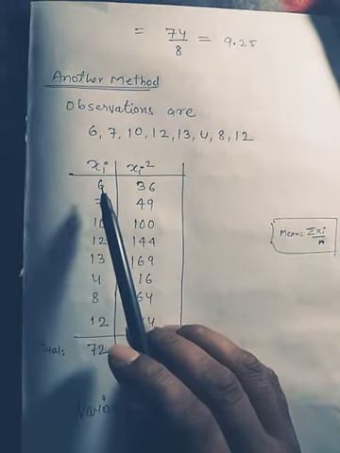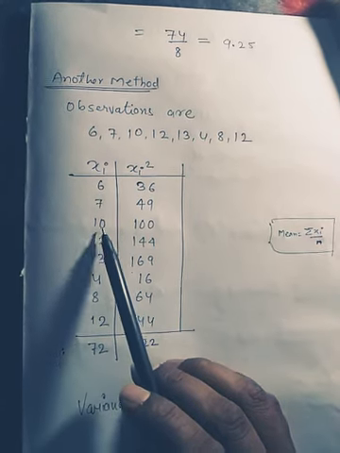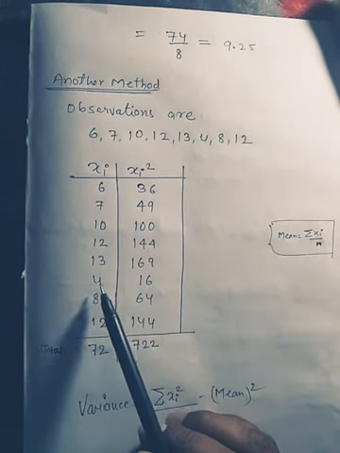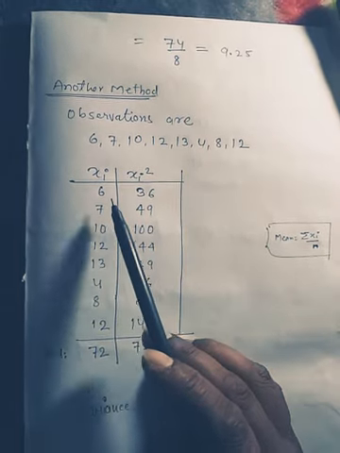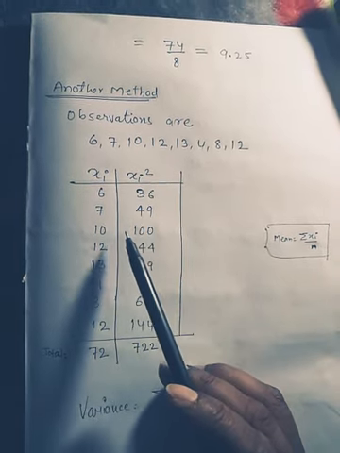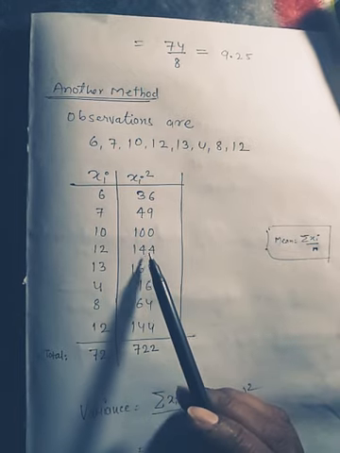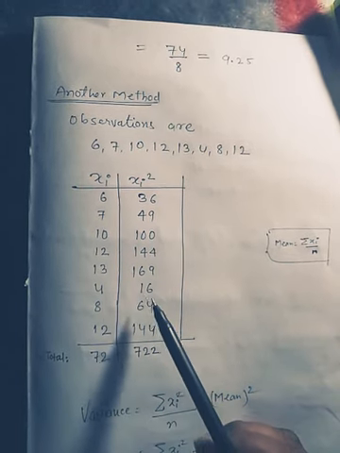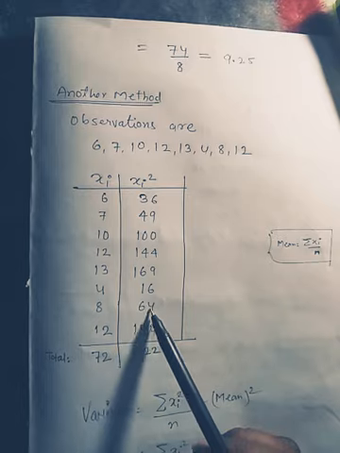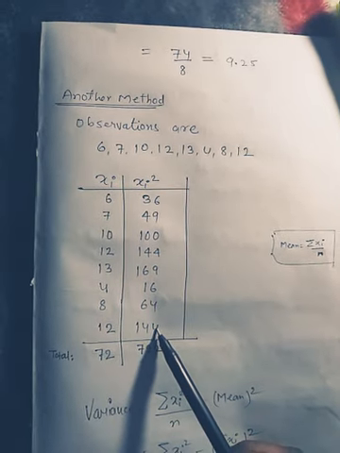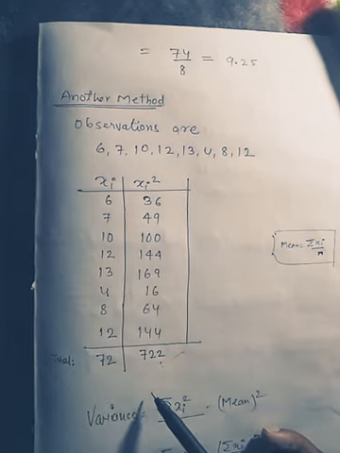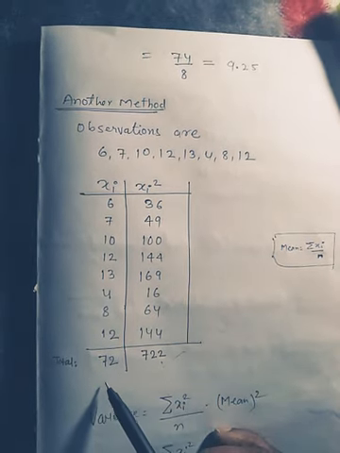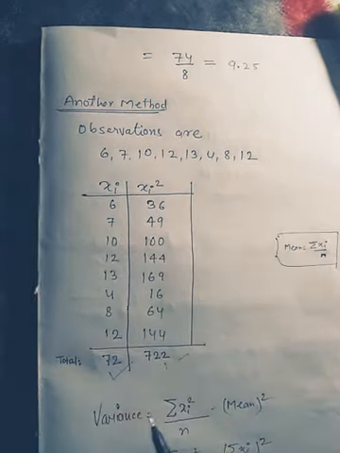Xi's are 6, 7, 10, 12, 13, 4, 8 and 12. So xi square correspondingly are 36, 49, 100, 144, 169, 16, 64, 144. The total is 722 and here xi total is 72.